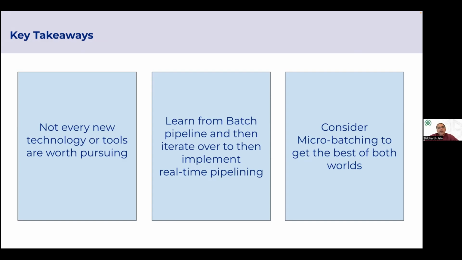Typically, you'll have a better chance of success if you start off with a batch approach, for example. Take lessons learned from it, mature the process, mature the end-to-end flow, and then we can always refactor into a micro batch or a real-time pipeline.